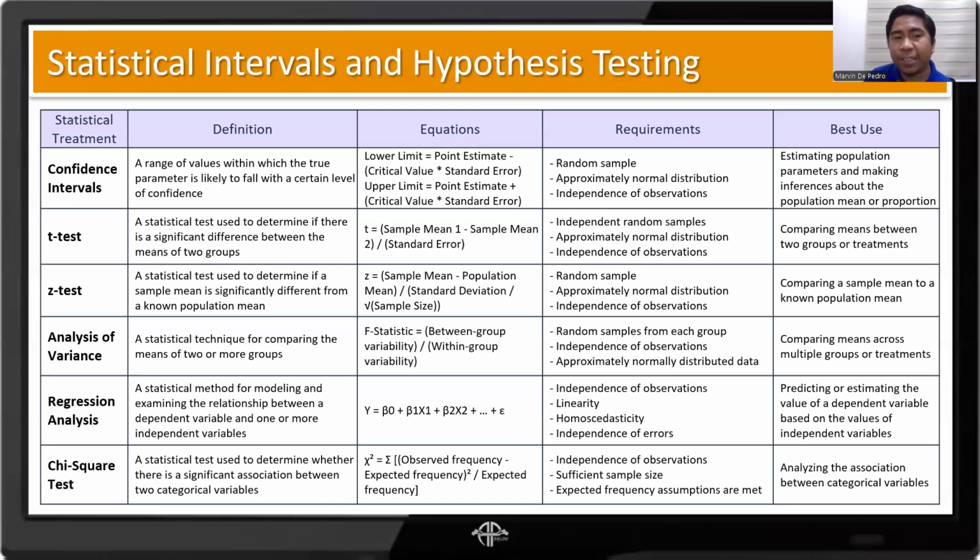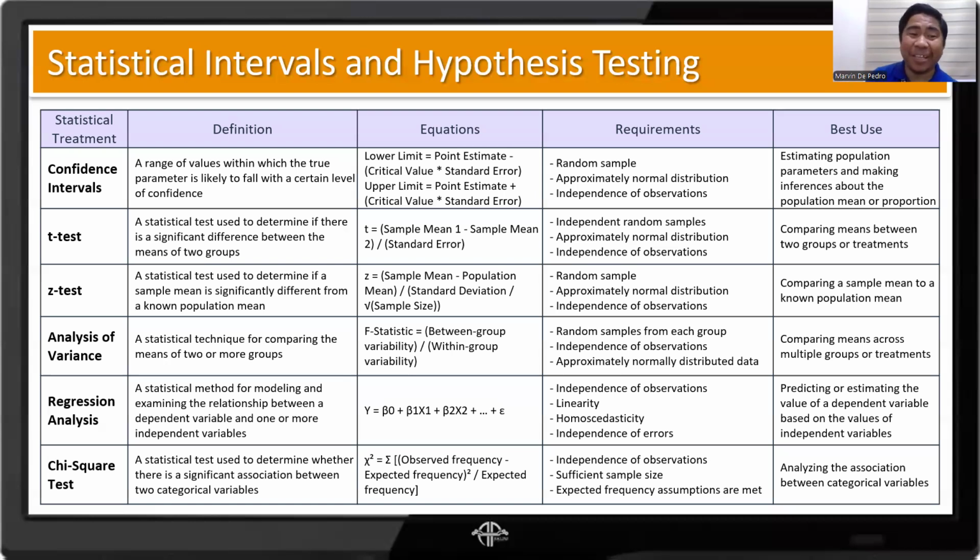And lastly, we have the chi-square. So, statistical tests used to determine whether there is a significant association between two categorical variables. For example, if there's an association between the gender of the respondents and their favorite color.